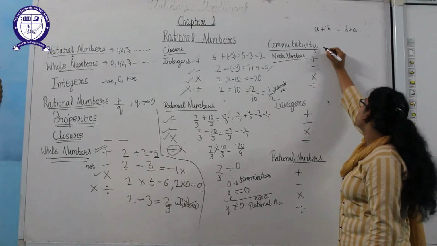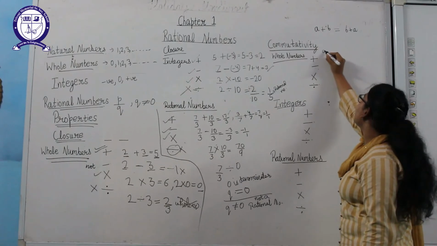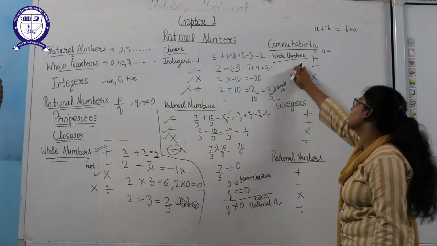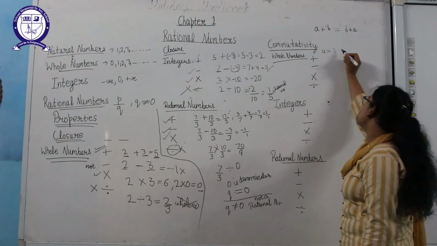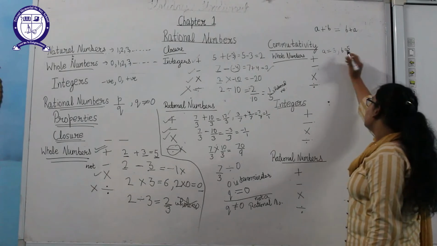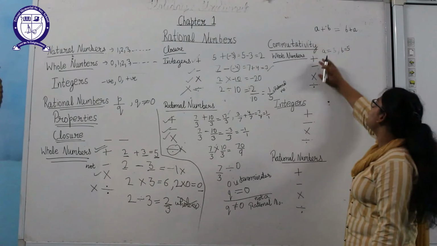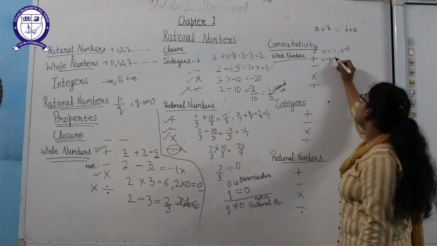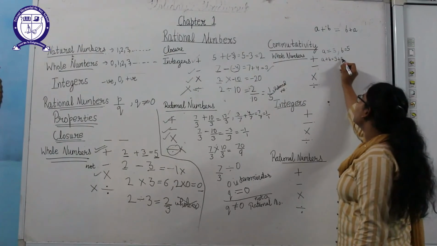So we take here the value of A and B. Take any value of A, but from the whole numbers only. So we are taking 3 and value of B we are taking 5. Now we will add A plus B. A plus B means 3 plus 5, which is 8.